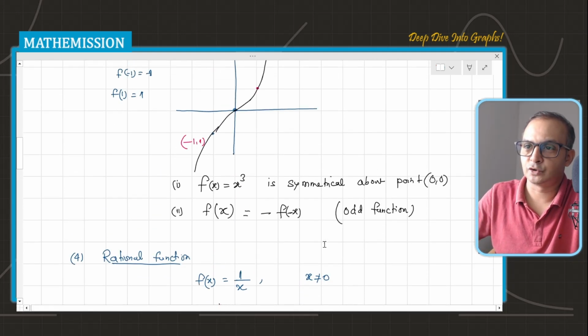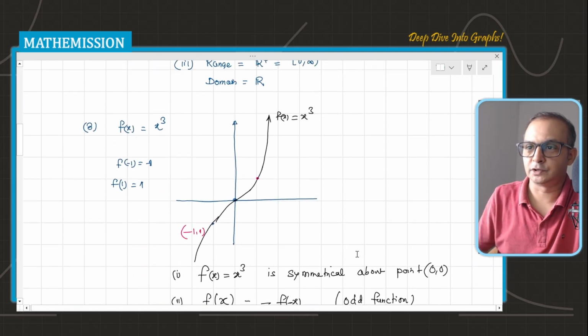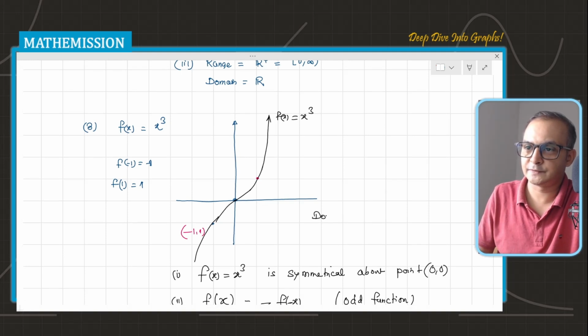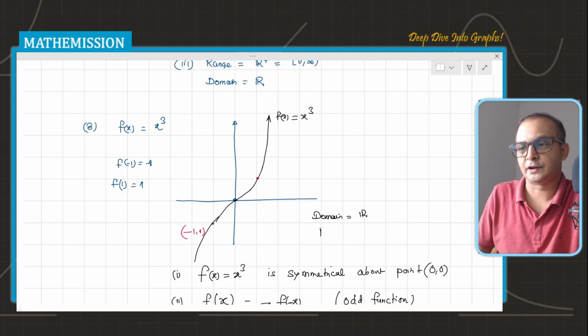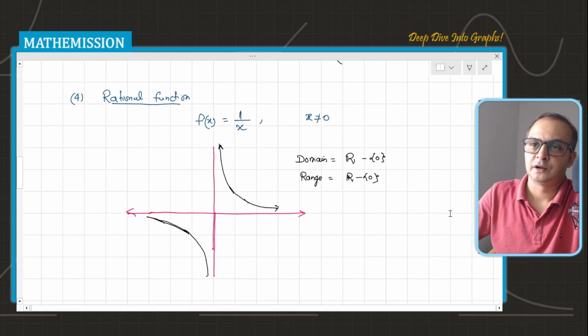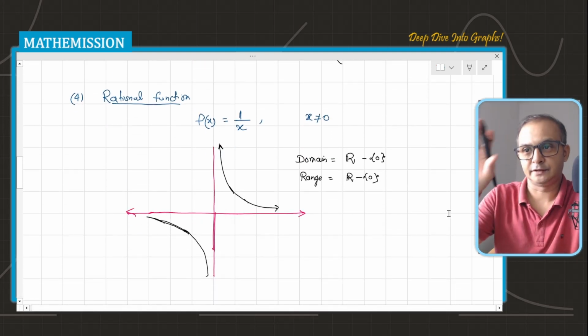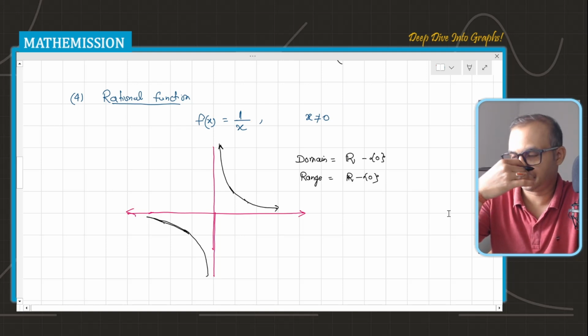Here one thing I forgot to tell you about the cubic function: the domain is all real numbers and the range is again all real numbers. The basic rational function will have this.